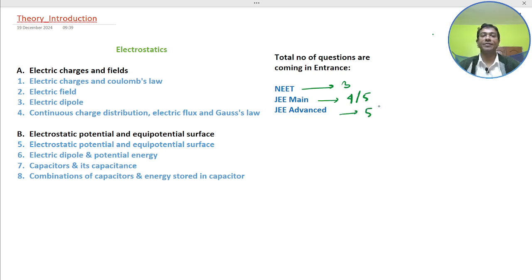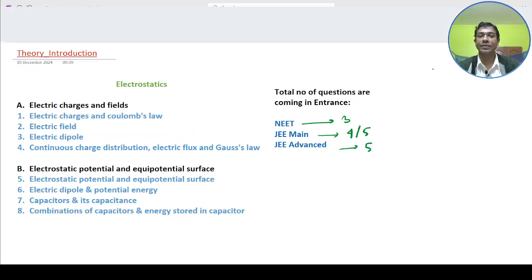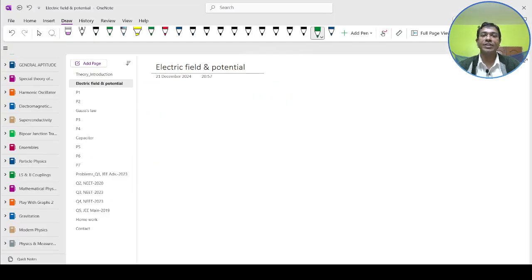From the exam point of view, we will discuss the chapter summary in a nutshell and do some previous year problems from NEET, JEE Main and Advanced. After covering all the topics, we will elaborately deduce all the theory. Let's get started. First is the electric field and the potential.